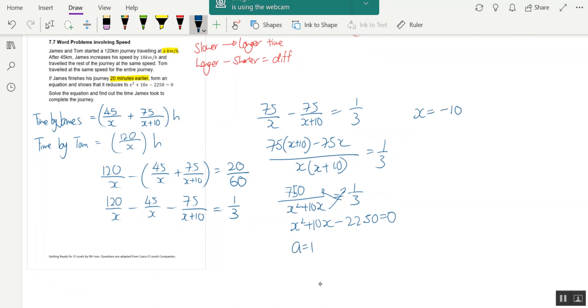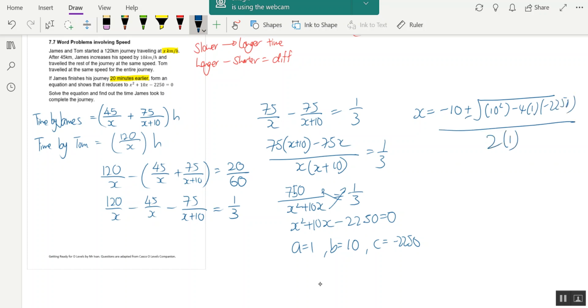A is 1, B is 10, C is negative 2250: negative 10 plus minus square root of B squared minus 4AC, over 2A, and that would give you 42.6969 or negative 52.69, which approximates to 42.7 or negative 52.7.